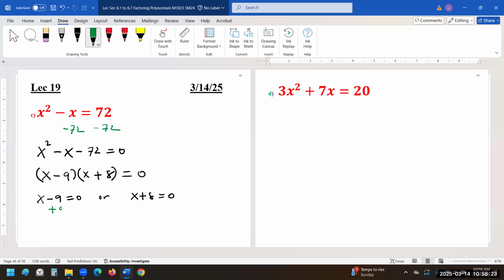To solve for x, you add 9 to both sides, and here you subtract 8 from both sides. That tells us x is 9 and x is -8. So what does that mean? It means when x is 9, the product is 0, or when x is -8, the product is 0. Any question?